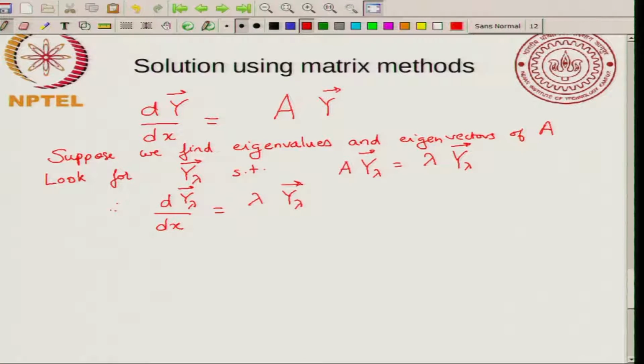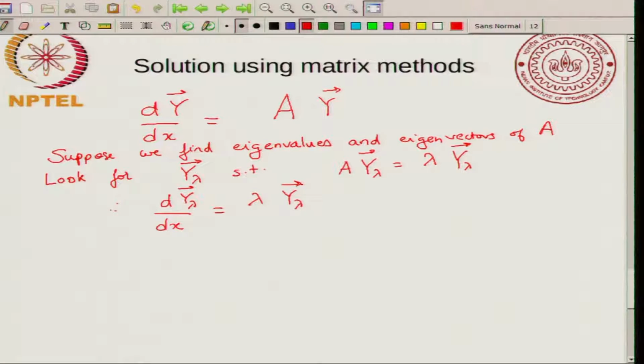So, why did I write this? Because you look at this equation, this is just now suppose y was not a vector, then you would say dy by dx equal to lambda y, the solution it is a linear equation, the solution is exponential. Okay. But now you notice that this is an eigenvalue lambda. So, for each of the components of y, okay, you have a linear equation. Okay. So, that means each of the components satisfies an exponential equation.